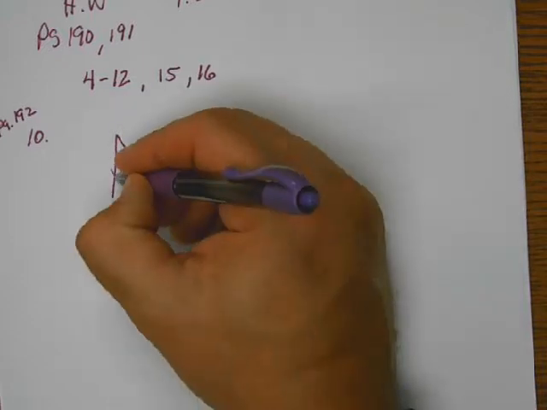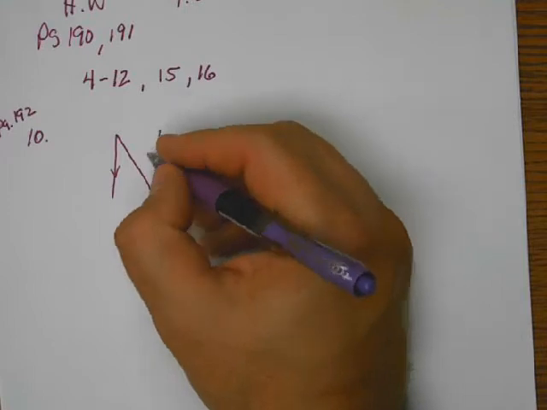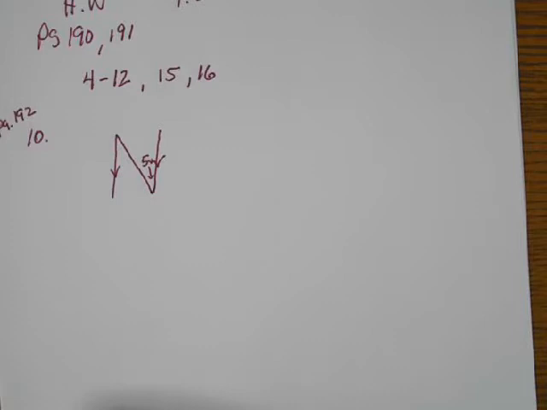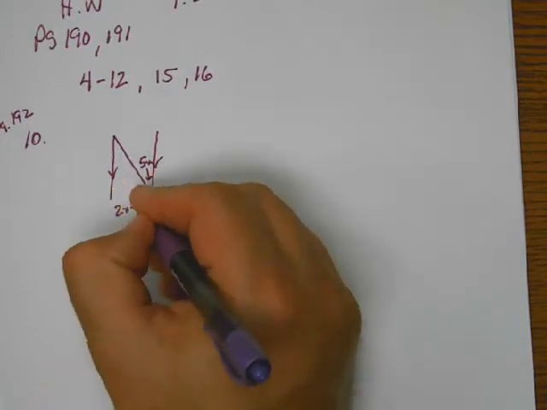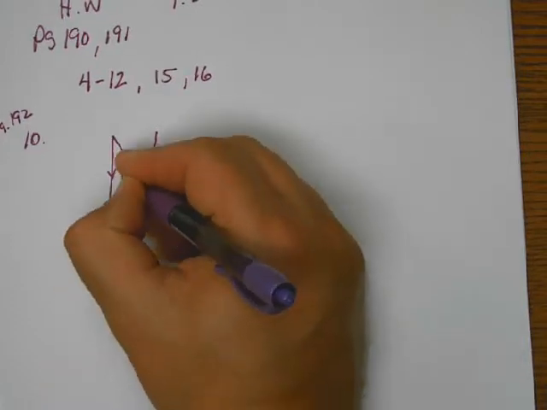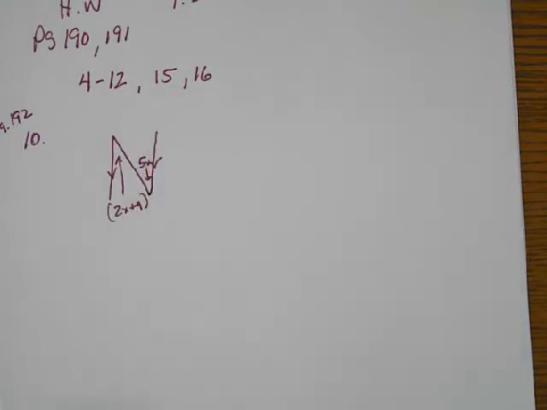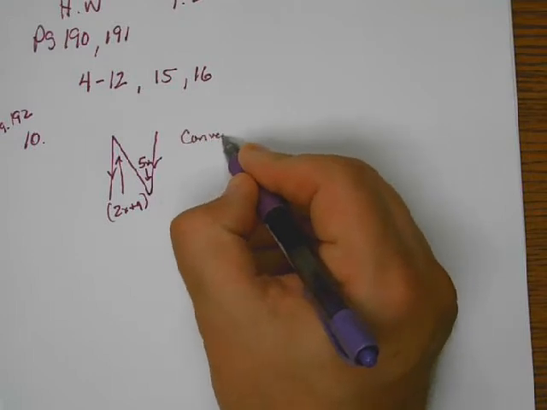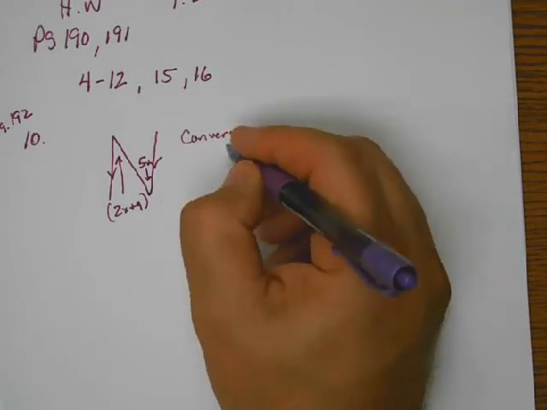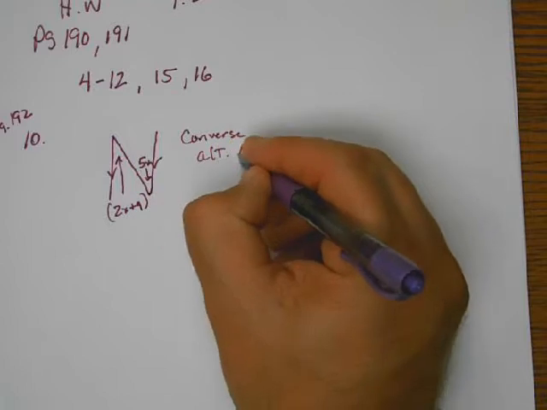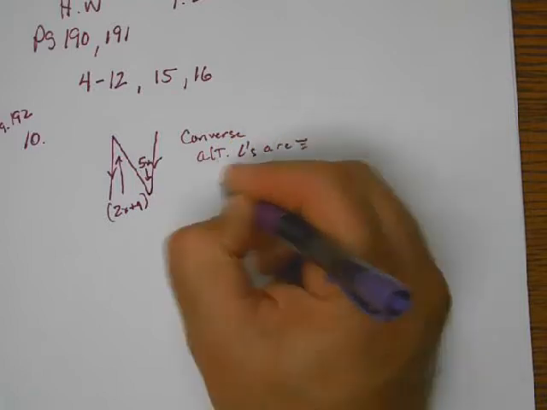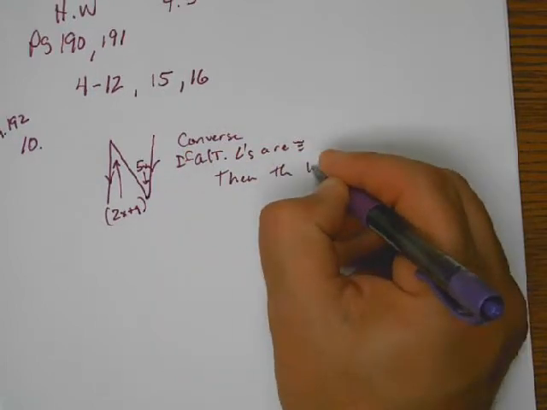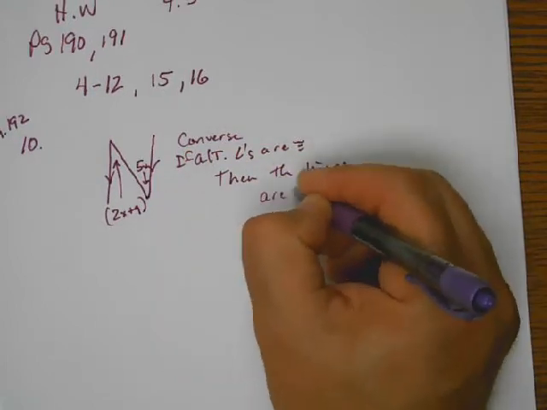Well, the vertical parts would be these parts. We've got an arrow that says that this is 5x right there. And then we've got an arrow which says that this is 2x plus 9, and that expression goes right there. Well, if those are parallel, then I think it says something about the converse of the theorem: if the alternate interior angles are congruent, then the lines are parallel.